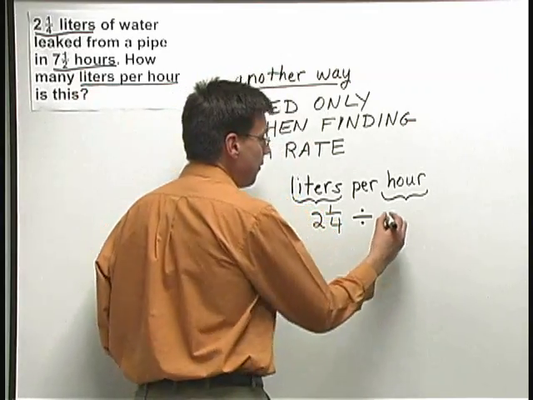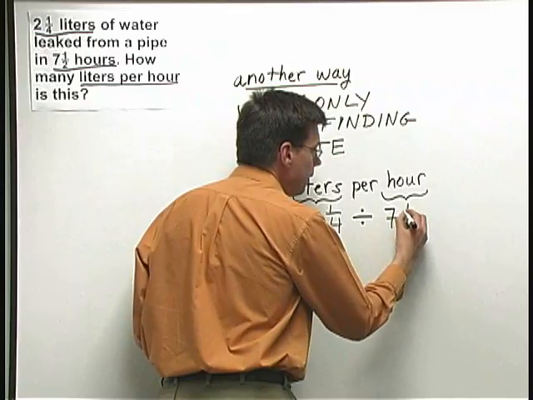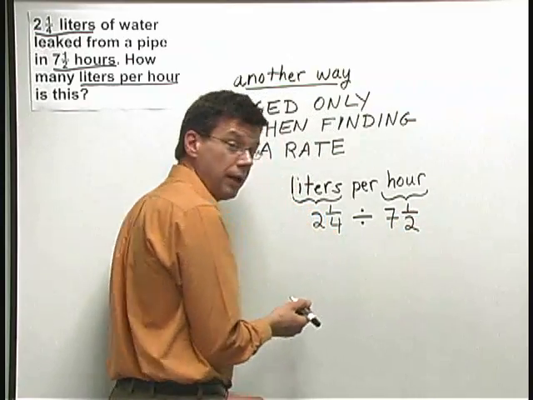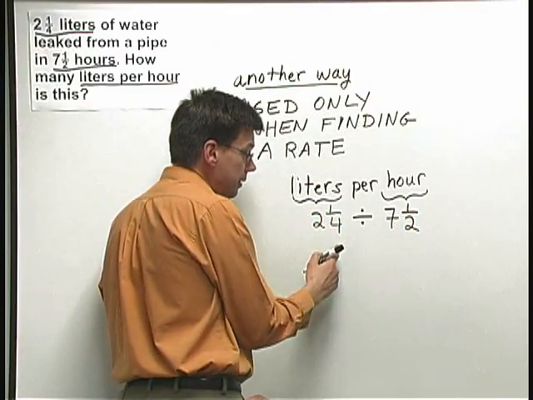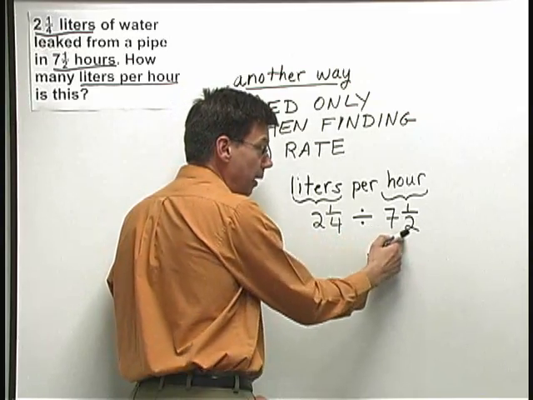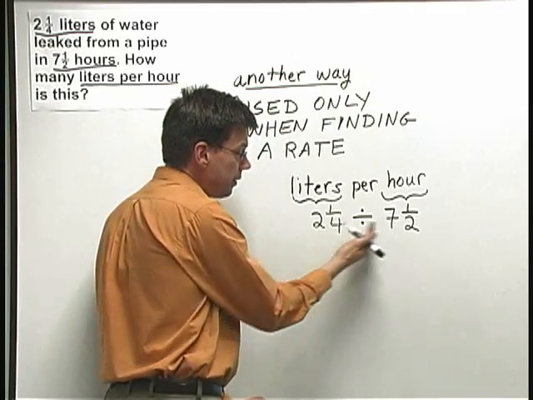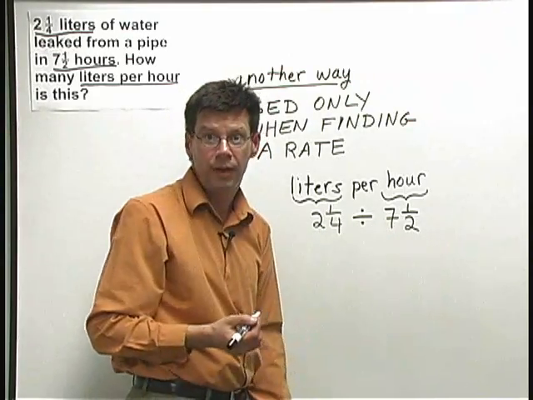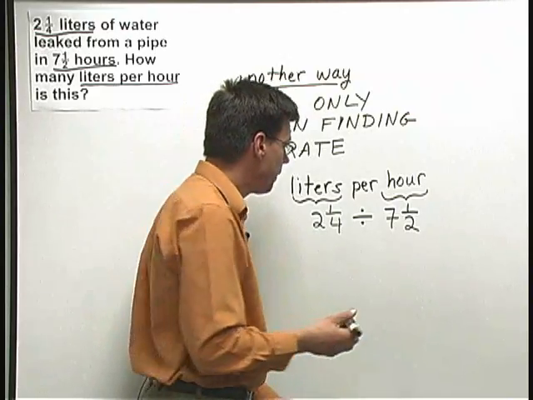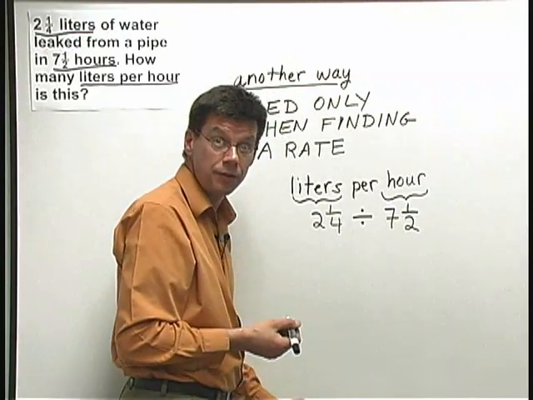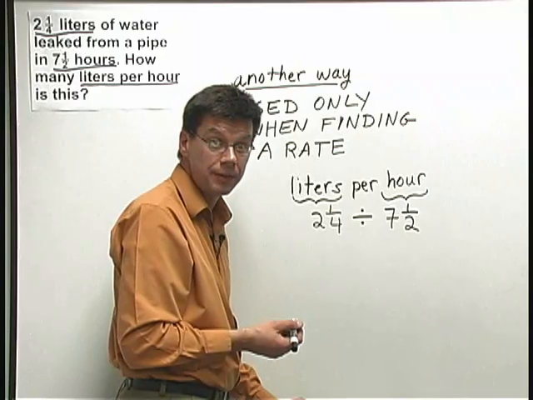That's 7.5 hours. Liters per hour can be thought of as liters divided by hours. This is the same division problem that we obtained before. So you'll get exactly the same answer if you work through these steps.